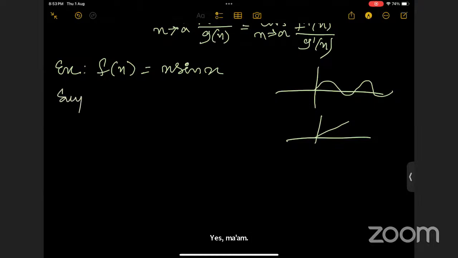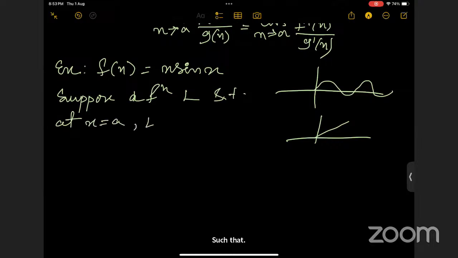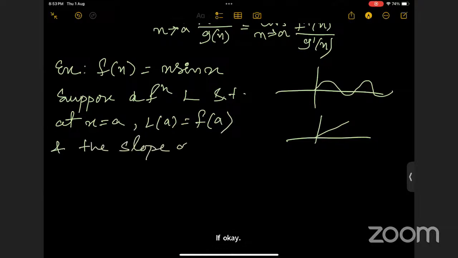So suppose we have a function L such that at x equals a, we have L of a equals f of a, okay? And the slope of L is f dash a at the point a.